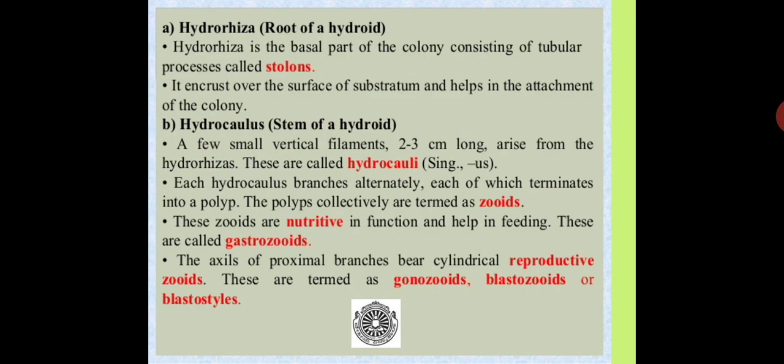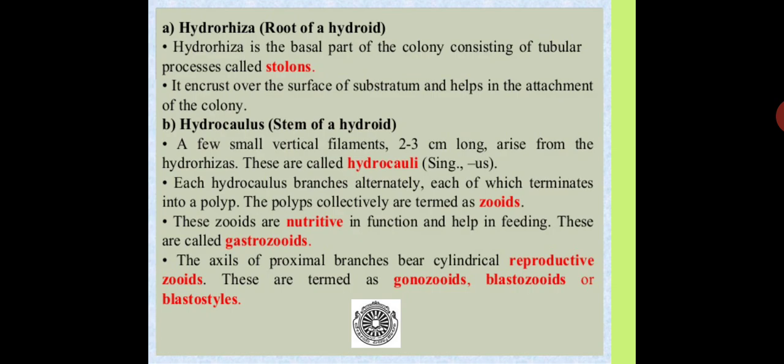Hydrorhiza, as I said already, is the root of a hydroid. It is the basal part of the colony consisting of tubular processes called stolons. It encrusts over the surface of the substratum and helps in the attachment of the colony.